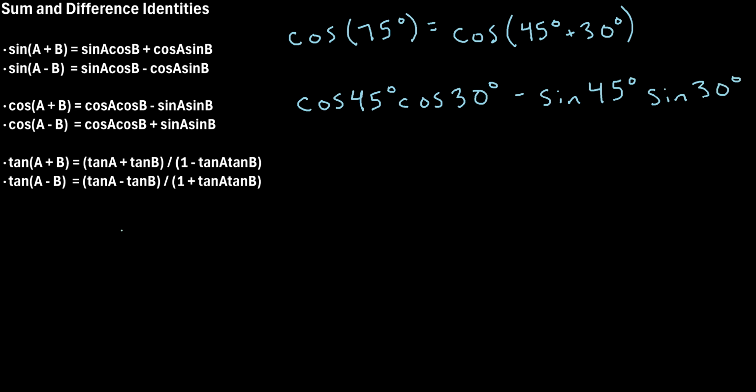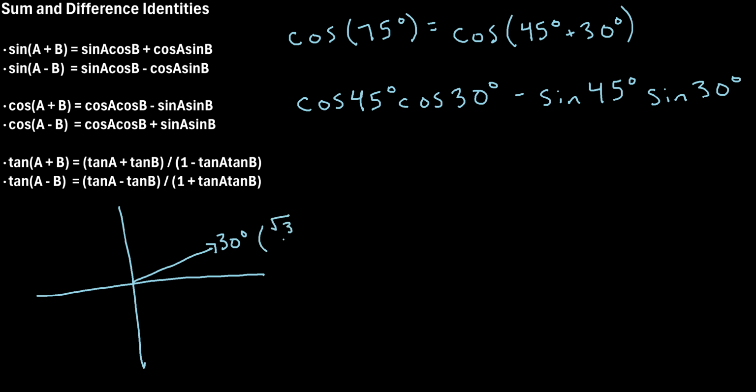So if we think about our unit circle, let's draw it over here. If we have the angle 30 degrees, the x, y coordinates on the unit circle are square root of 3 over 2, comma 1/2. And then if we think of the angle 45 degrees, the xy coordinates on the unit circle are square root of 2 over 2 and square root of 2 over 2.